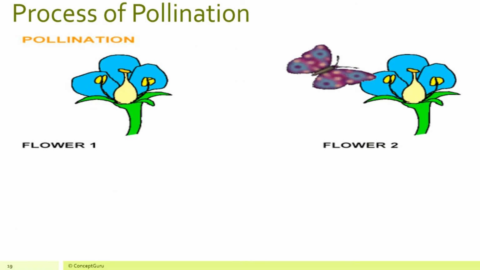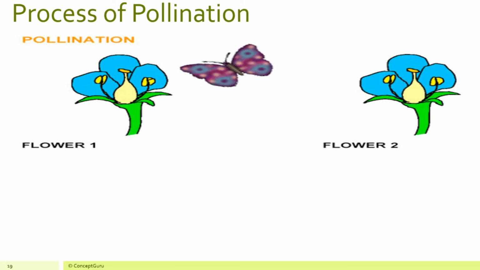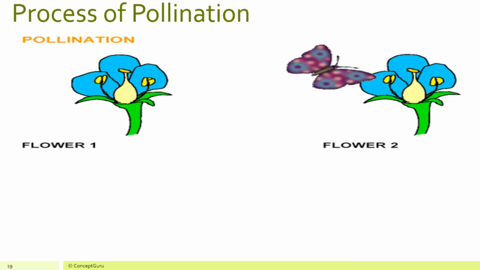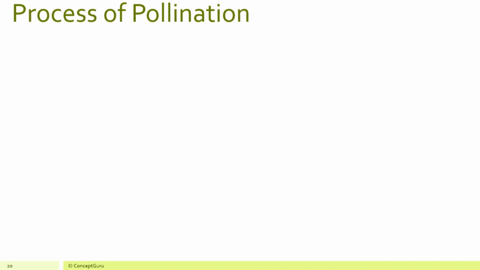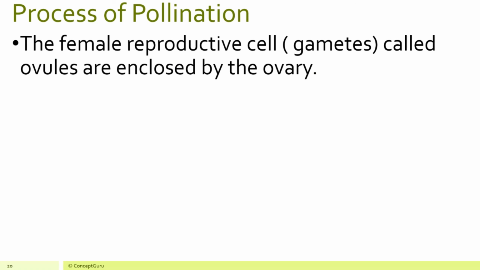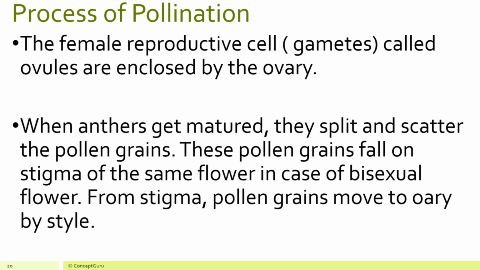The male reproductive cells or the gametes of a flower called pollen grains are located inside the anther. The female reproductive cell or gametes called ovules are enclosed by the ovary. When anthers get matured, they split and scatter the pollen grains. These pollen grains fall on the stigma of the same flower in case of bisexual flower.